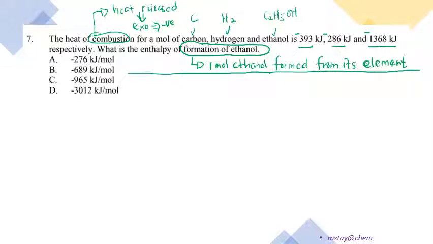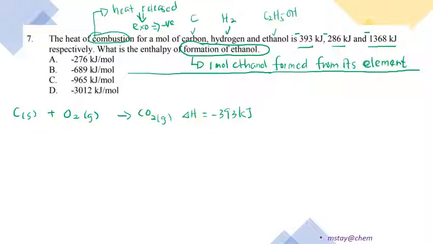Next, as usual, step number 1, we're going to write the thermochemical equation for each piece of information given. The first equation is the combustion of carbon, meaning burning in excess oxygen. We're going to produce carbon dioxide gas, for which the enthalpy is negative 393 kilojoules.